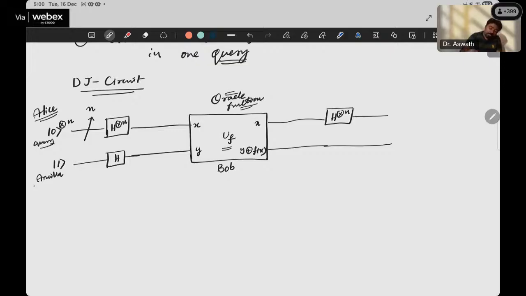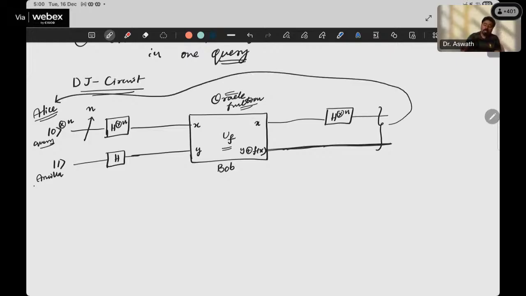He computes the f of x value and feeds that f of x value into the ancilla qubit, which is then sent back to Alice. So what is sent back to Alice? Whatever is the output here, that output is sent back to Alice, and Alice figures it out and analyzes it.